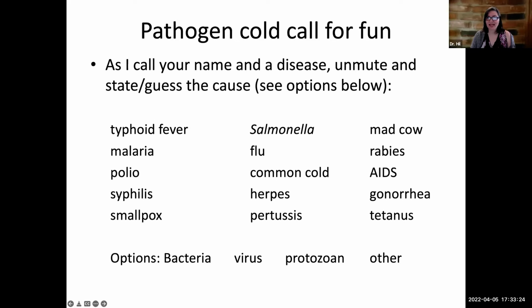Next, we're going to ask Haley, what do you think causes rabies? A virus. Great. Gabby, what do you think causes polio? It's a really good question. I feel like maybe bacteria. Great.